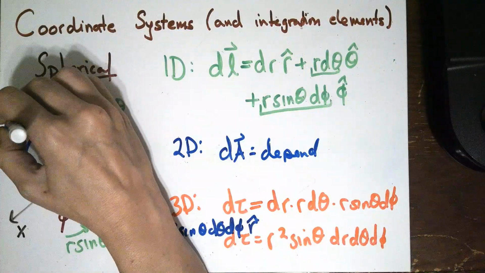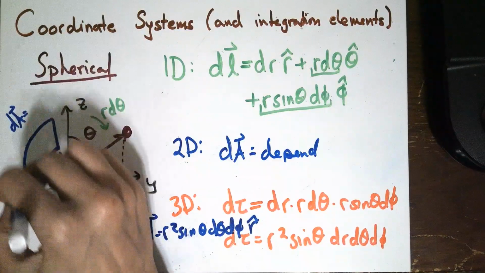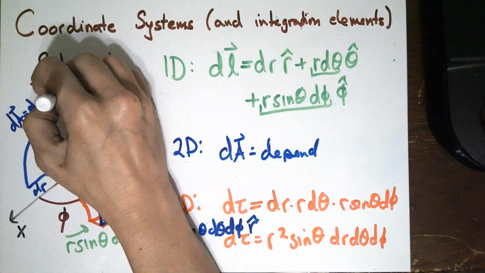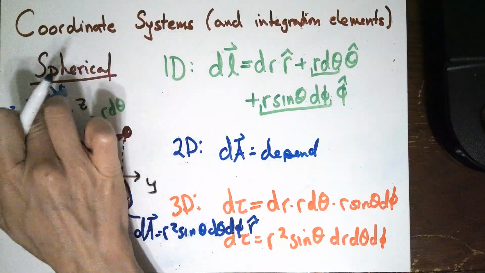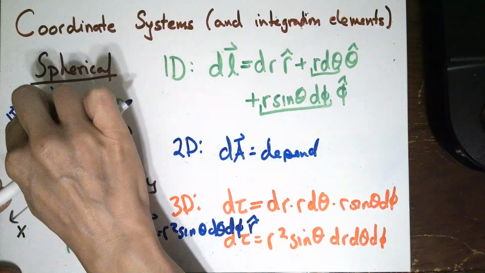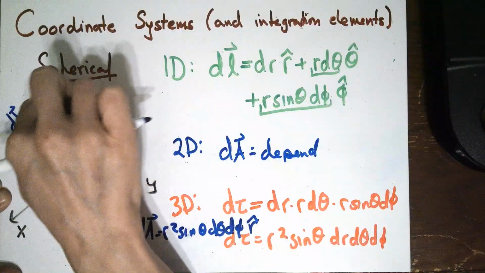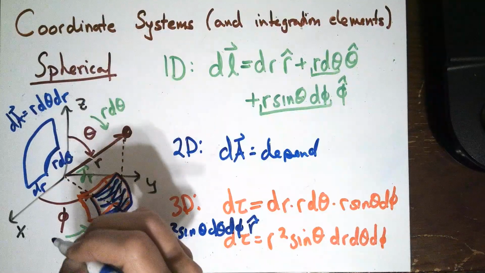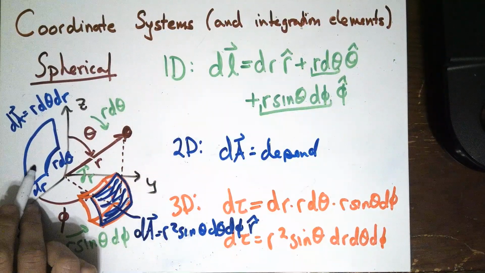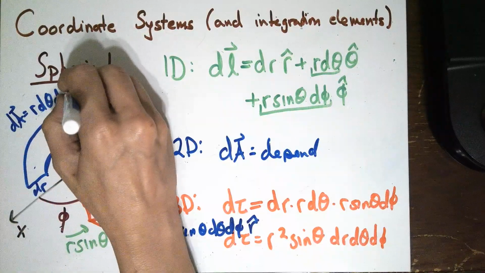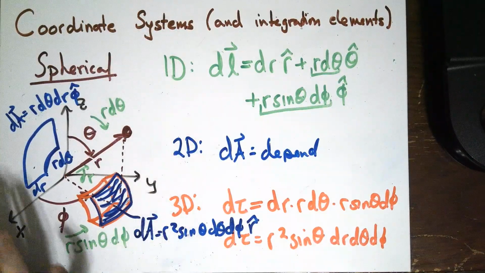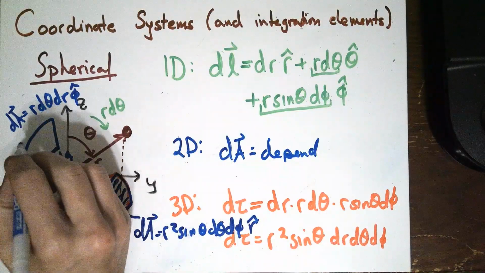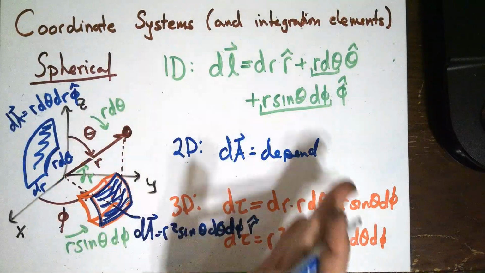This would be dr, and then the area element here would be this side times that side, dr times r d theta, or rewriting that a little neater, r dr d theta, and the direction, well, normal to this would be phi hat. So again, for the area elements, as ever, you're just going to have to look and see exactly what surface you are talking about. And those are the coordinate systems.